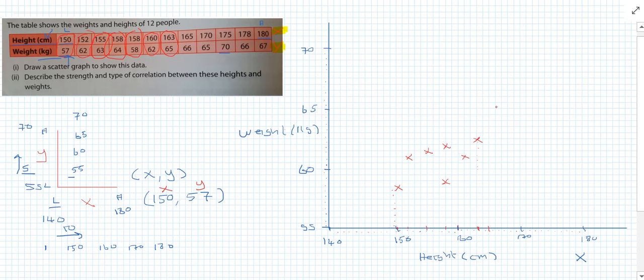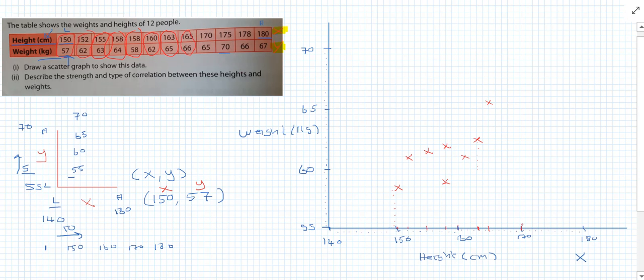So roughly speaking, it's going to be about here. So that's that one. Then we've 170.